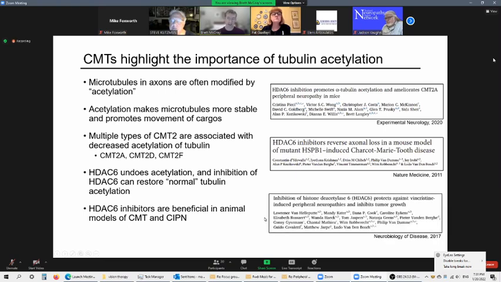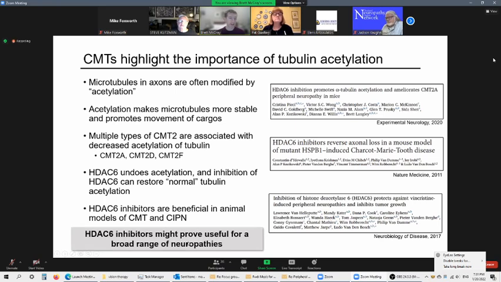And then this has been extended to show that this same inhibitor that was shown to work in CMT can help animal models of chemotherapy-induced neuropathy. So this suggests that what's happening in these animal models of CMT is similar to what happens with chemotherapy-induced injury to the nerves, and it might respond to the same kind of treatment.